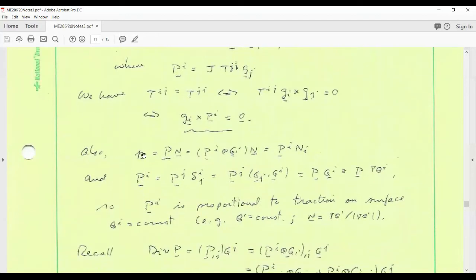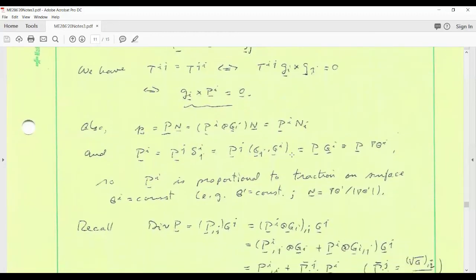We know the Piola traction, small p, is p on the referential normal. Let's use our expression for tensor p in terms of the Piola stress vectors. This brings in a dot product G sub I dot n, which are the covariant components of n in the referential basis. So we have this expression for the Piola traction in terms of the Piola stress vectors.